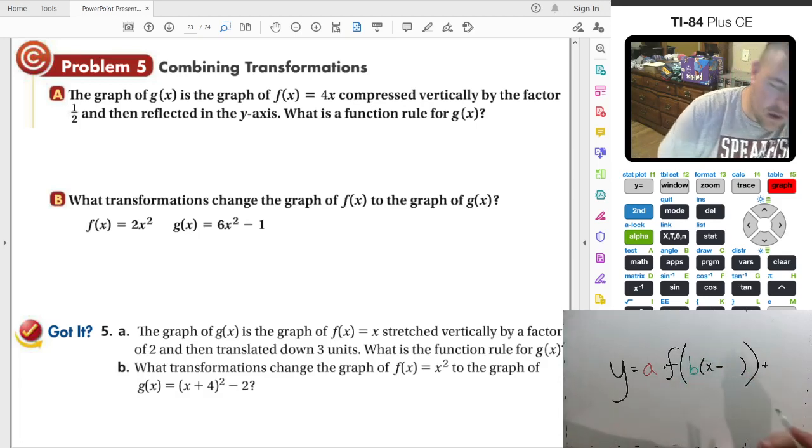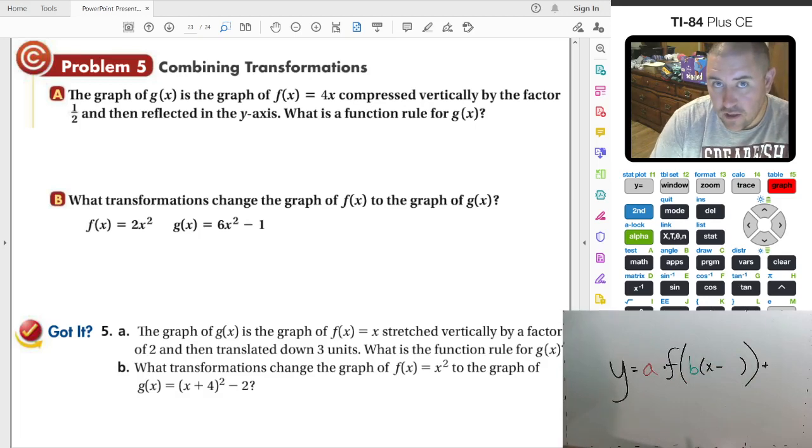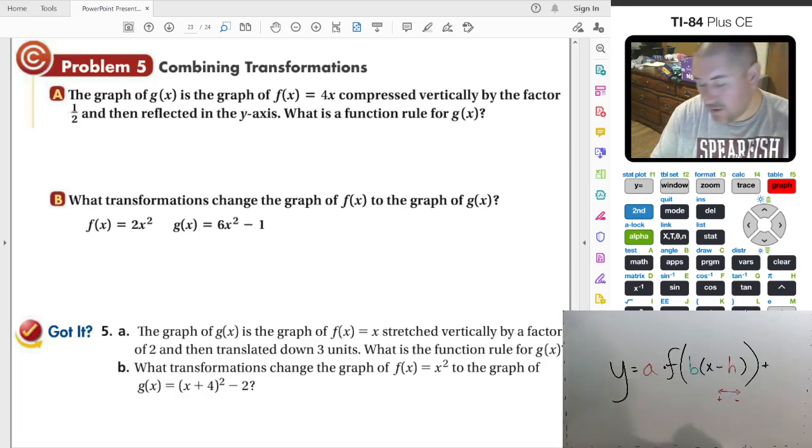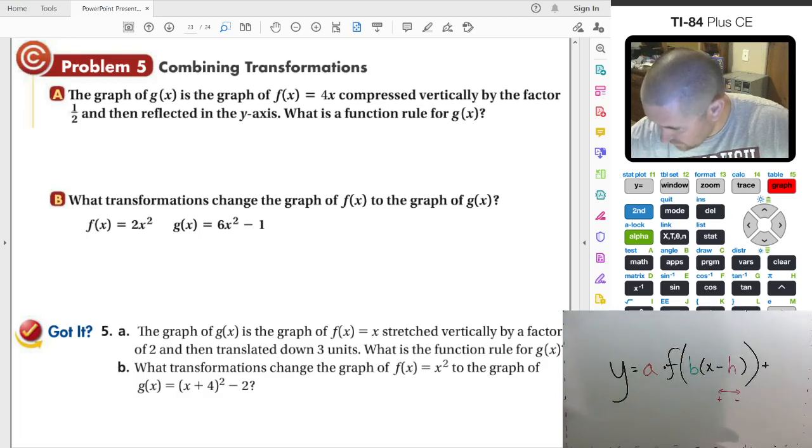B, not seen often in Algebra 2, horizontal stretch and compression, always by the reciprocal, and horizontal reflections. H, that's one we're going to see a lot. That's your horizontal translation, left and right.